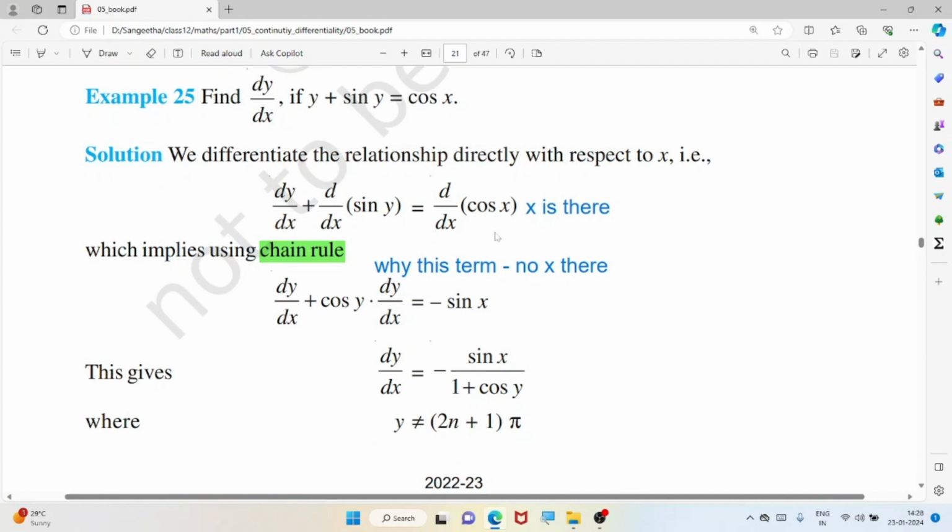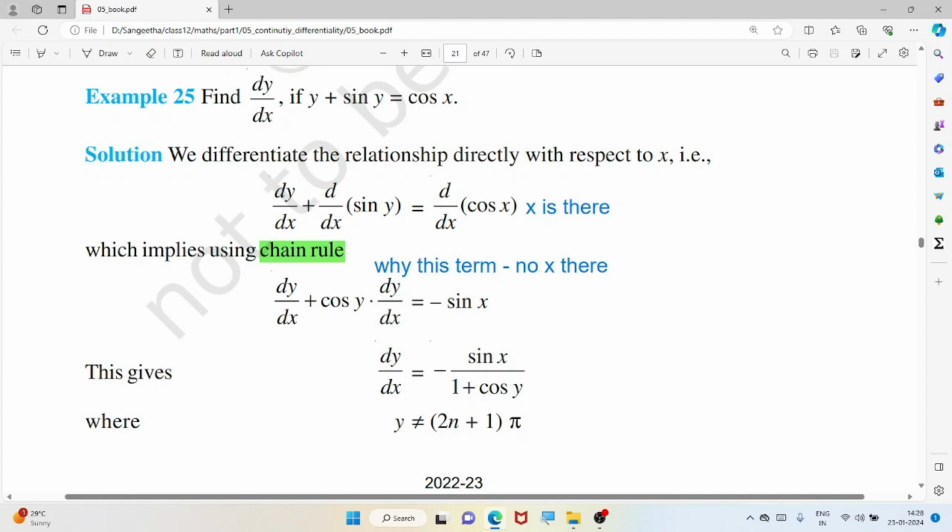See here, we are differentiating this with respect to x. There is a variable x here, but this is not x. That is why dy by dx. Then for differentiating sine y cos y, because there is no x here, we have to put again dy by dx.